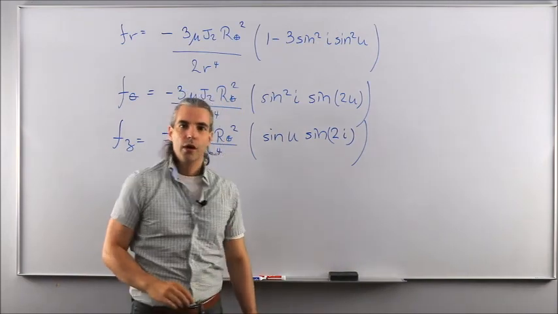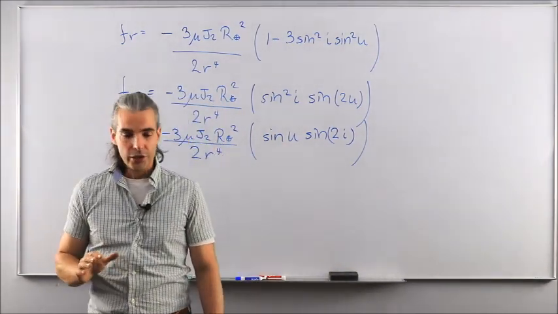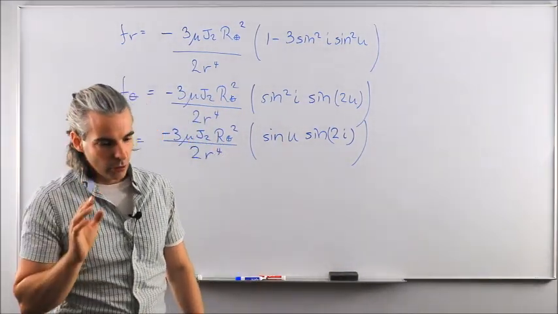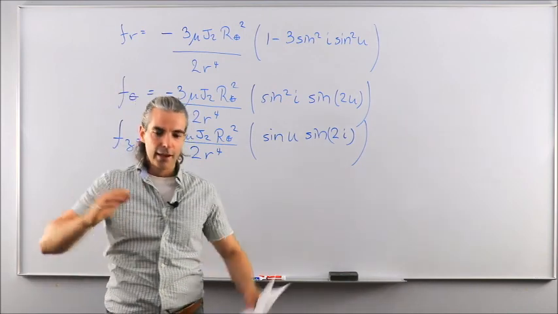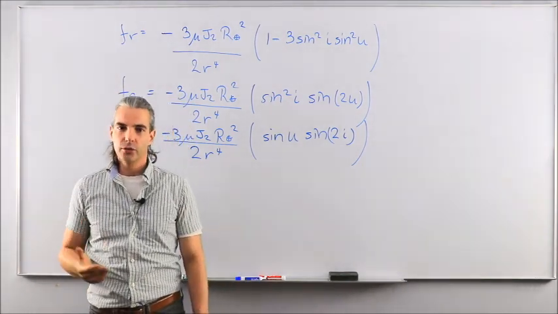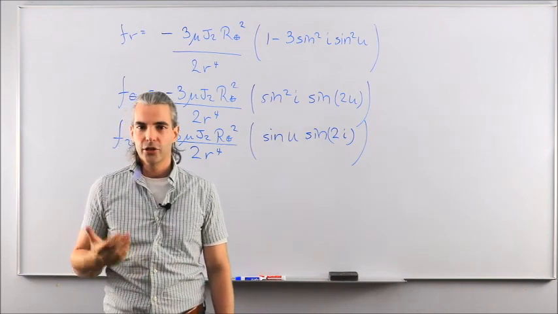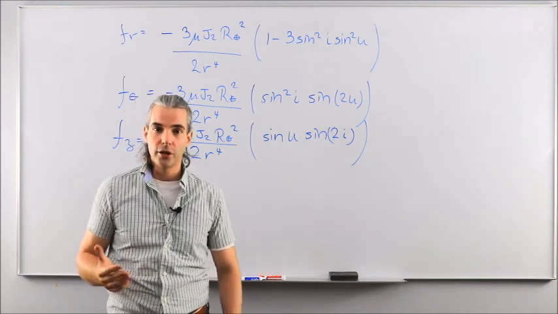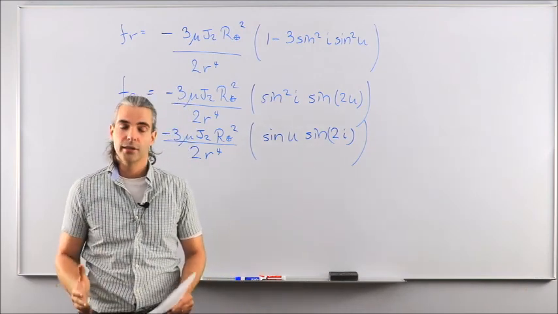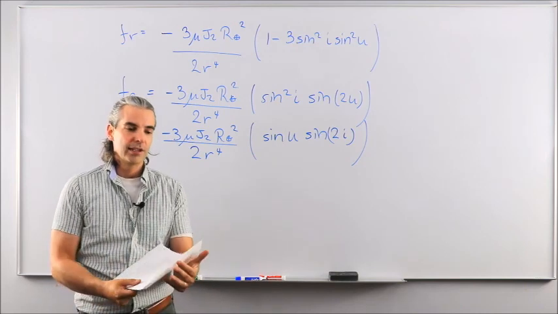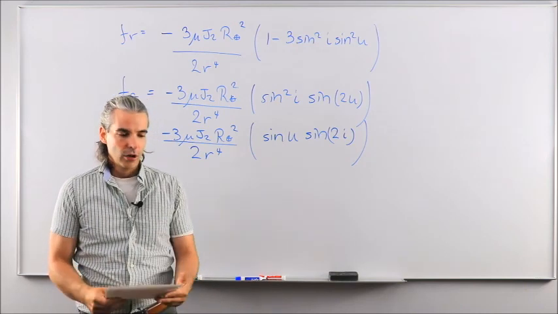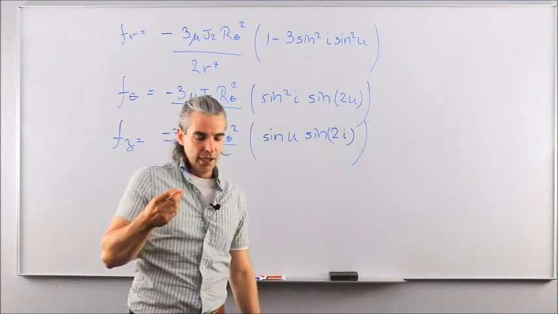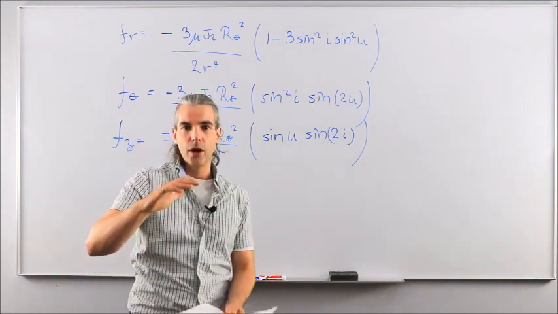Whew, it's been a lot of work. So the original goal was to analyze the effects of J2 on our orbital elements, because J2 being a perturbation, we know that the orbital elements won't be constant anymore. So the process started by looking at the potential function of an oblate primary body.